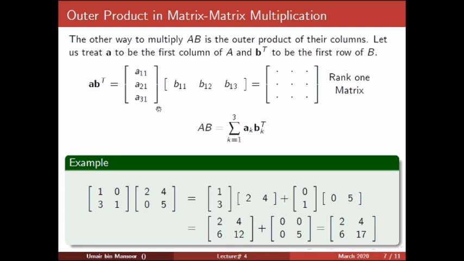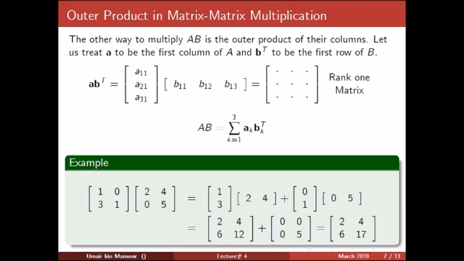So the number of columns of the first matches the number of rows of the second, so we can multiply, and the number of rows and the number of columns make up the dimensions of the output matrix. So definitely we are going to have a 3 by 3 matrix in return.